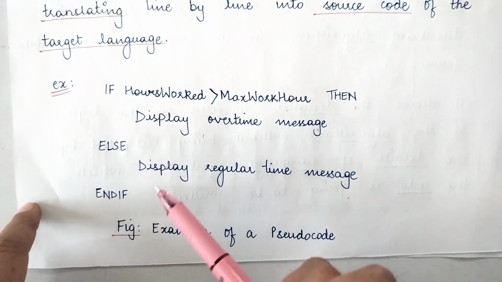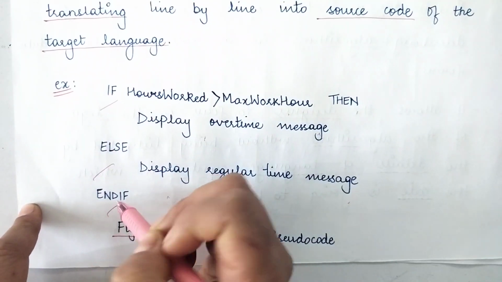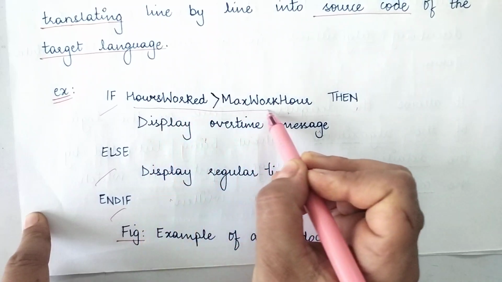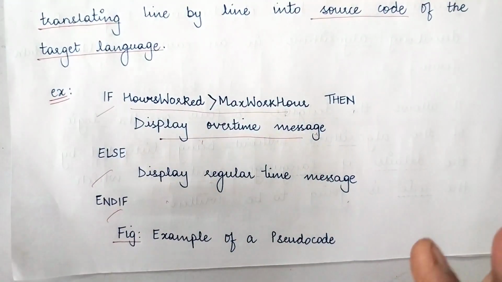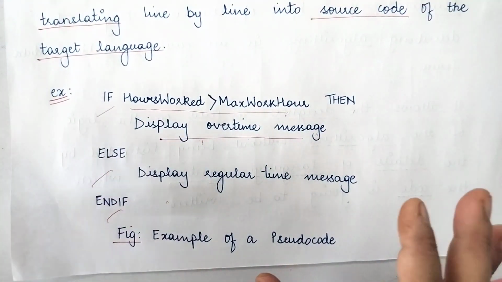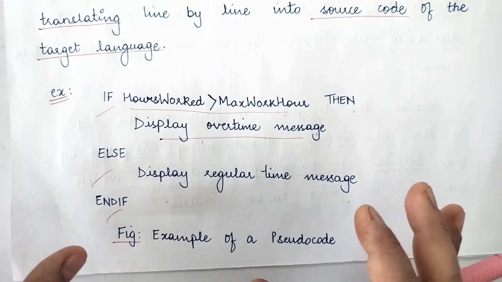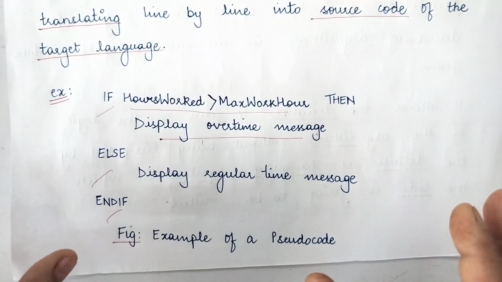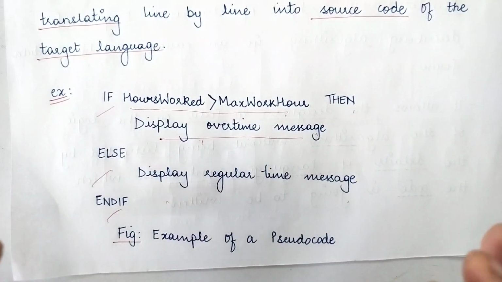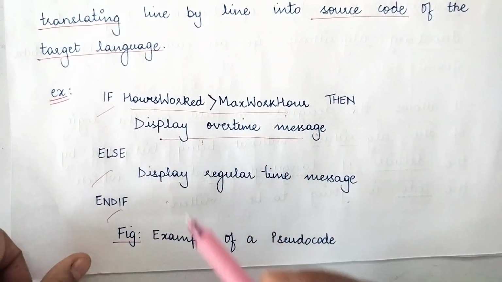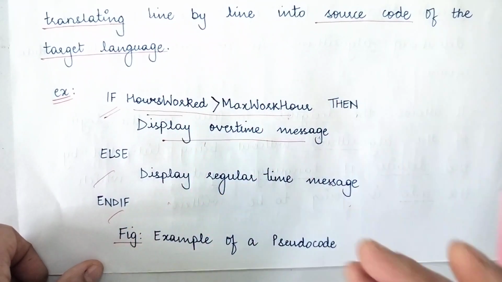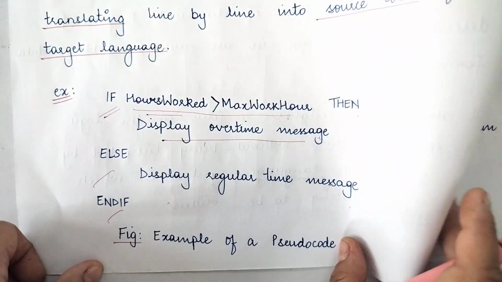So, it includes code in the form of if, else and then, and it also includes English language like this. It is a mixture of English language and code, hence it is known as pseudocode. Unlike algorithms, it is not pure English language, and unlike programs, it is not pure code.